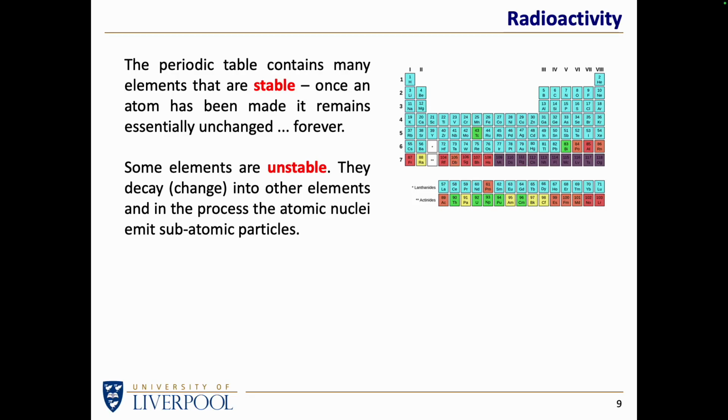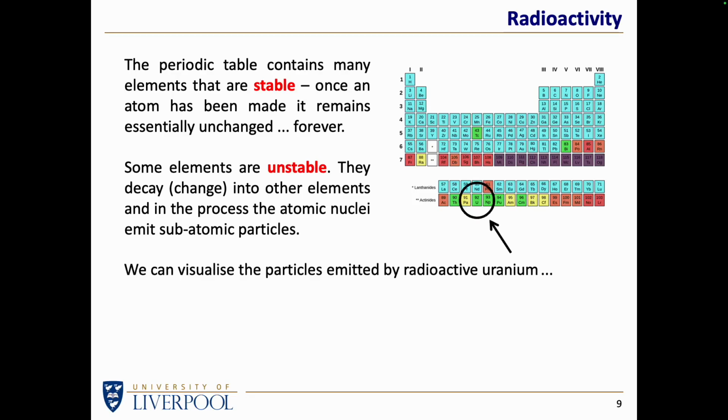In other words, of their own volition, they will change into something else. They might start off as one element, but over a given period of time, they will change into a different element. And they'll do that by the nucleus emitting a subatomic particle. We can visualize that by moving across to either the Geiger counter or the cloud chamber.